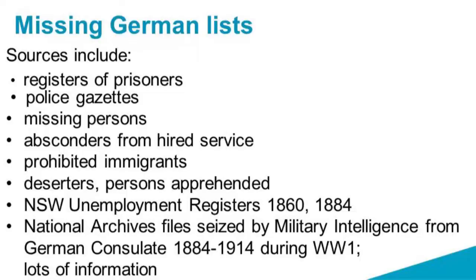Obituaries, Trove, hospital and asylum records all help shed light on where you can find more information. There are also registers of prisoners, police gazettes, missing persons, absconders, prohibited immigrants, deserters. You've got the New South Wales unemployment registers, National Archives files, and lots more.